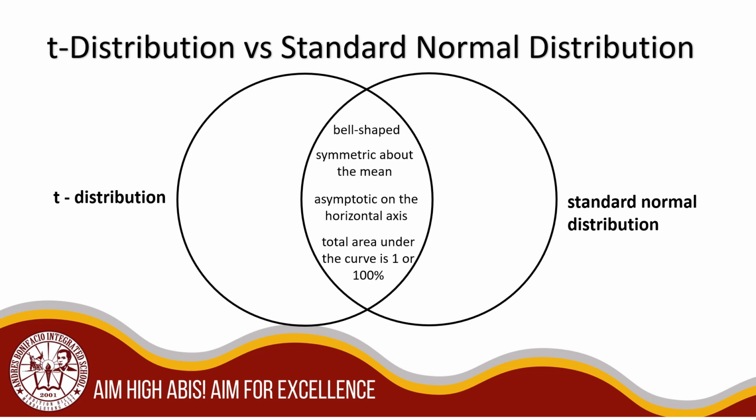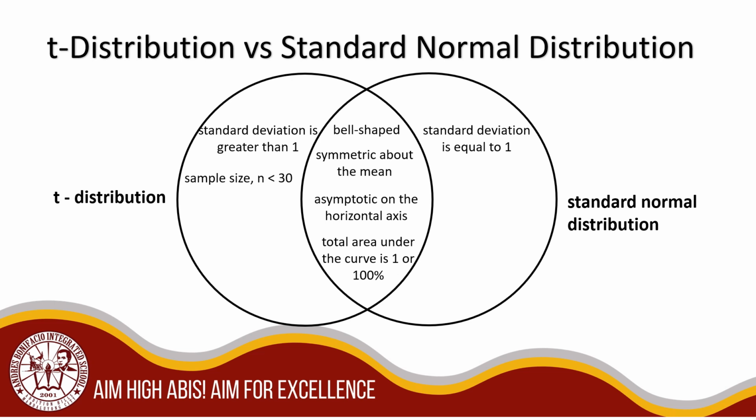Now let's go to their differences. Okay, so in a t-distribution, the standard deviation is greater than 1. But in standard normal distribution, the standard deviation is equal to 1. Okay, so yan po. And next, in a t-distribution, the sample size or the n is less than 30.